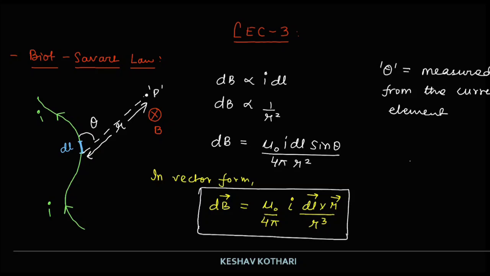Now this value mu naught is called the magnetic permeability of vacuum, or we can simply call it permeability of vacuum.